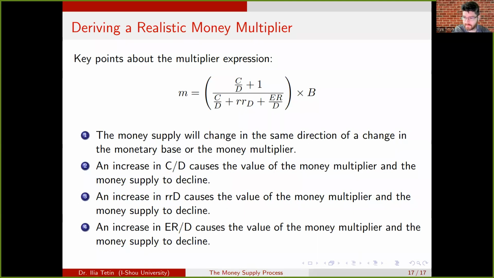Consider the following information: bank reserves equal to 500, currency equal to 400. Banks hold 80 billion in required reserves, and RD is 0.1.